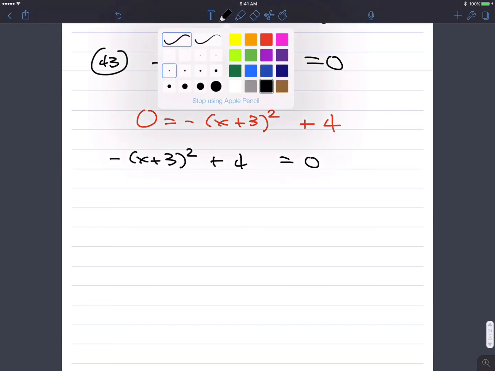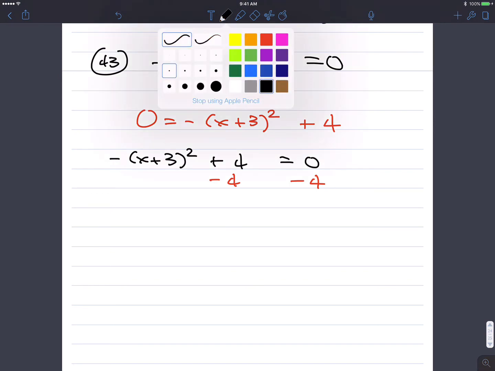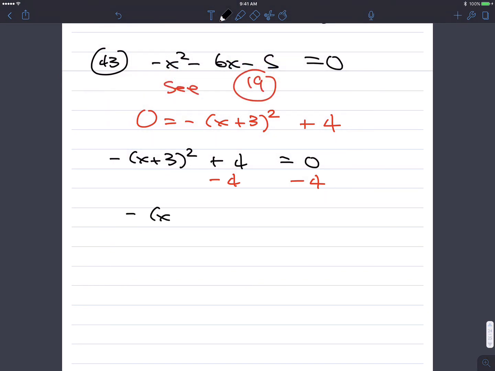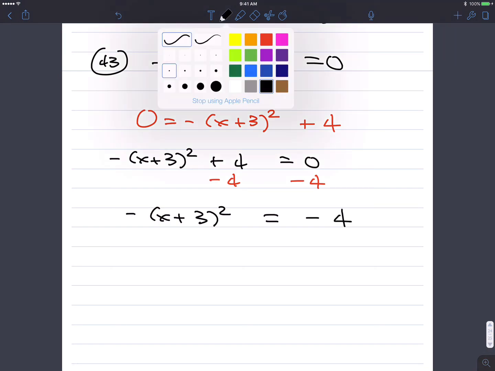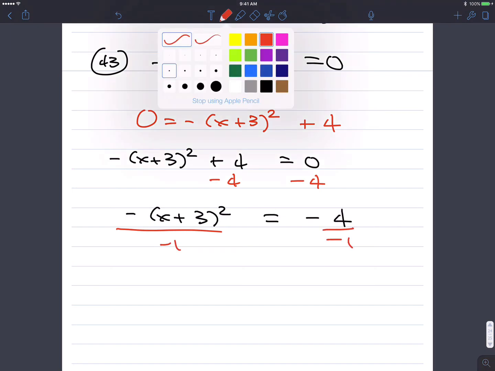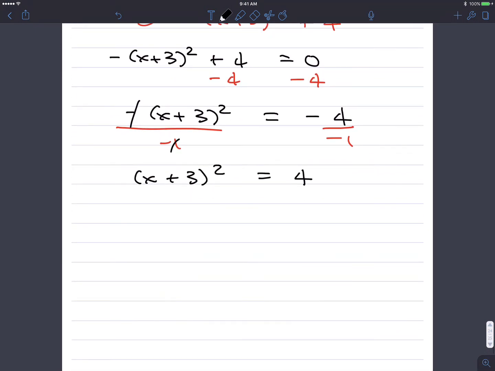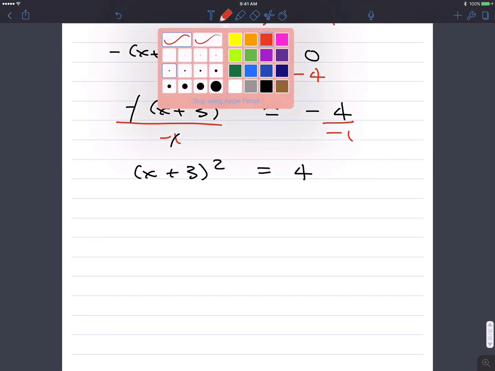Negative x plus 3 squared plus 4 is 0. And I can solve this equation now. Subtract 4 from both sides. And we get negative x plus 3 squared is negative 4. Divide both sides by negative 1. And we get x plus 3 squared is positive 4. Okay.